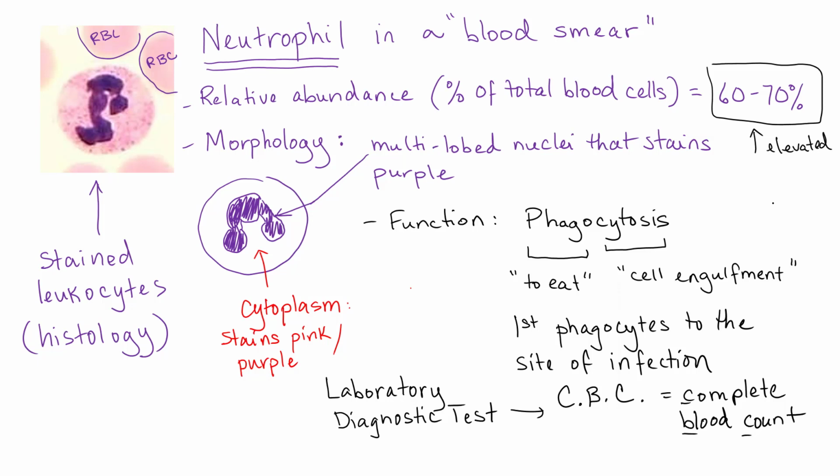That's their job. But if the neutrophils go really high, that means the white blood cells are having trouble clearing an infection, and that would be of interest to note in a CBC laboratory diagnostic test.